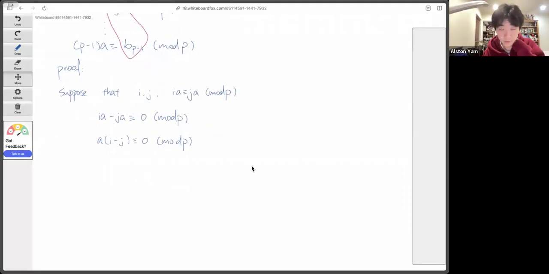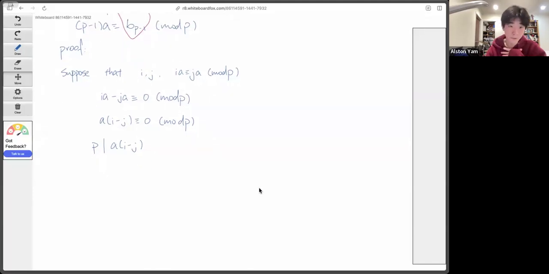And remember what we had before, our notation, right? If we have a times i minus j congruent to 0 mod p, this actually means that p will divide a times i minus j. Cool.